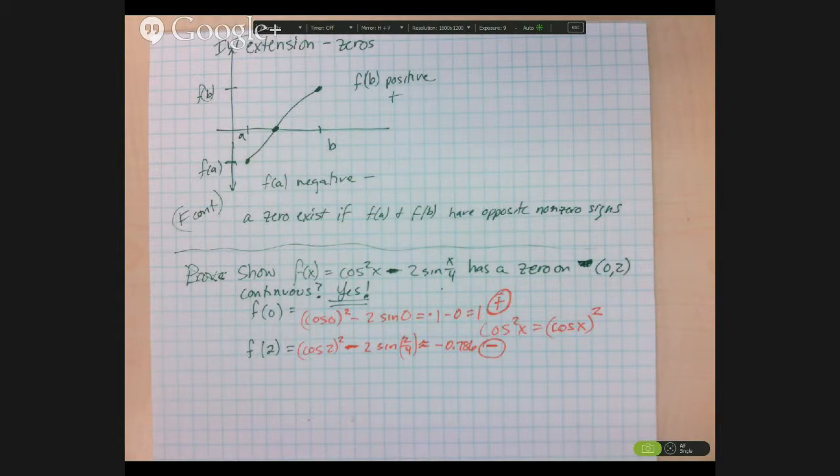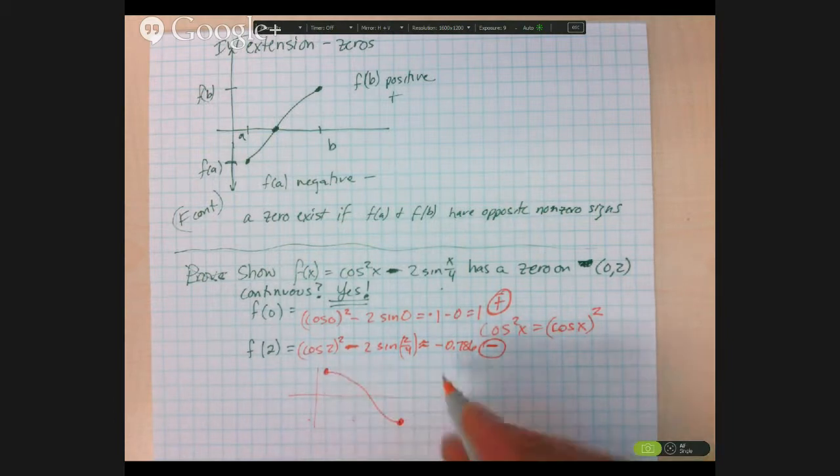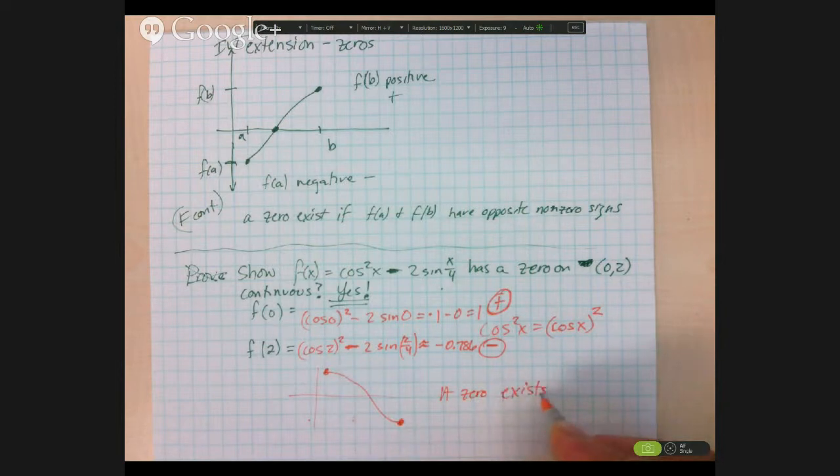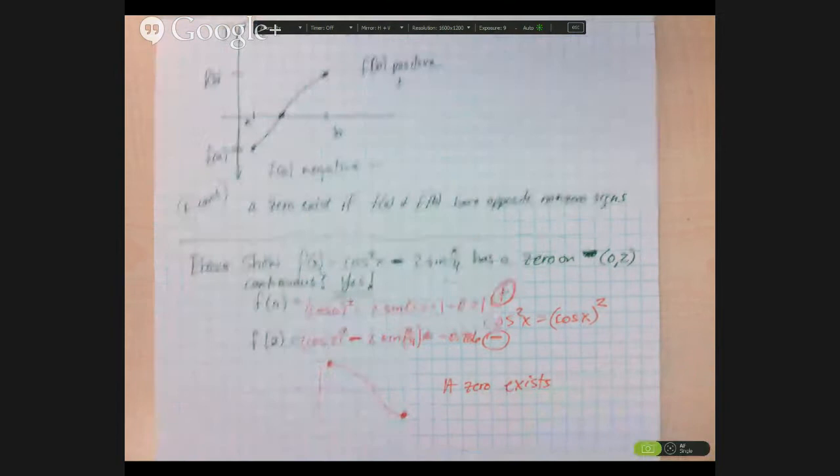So do we have a 0? Yeah. It goes from positive to negative. Something like this. So a 0 exists.